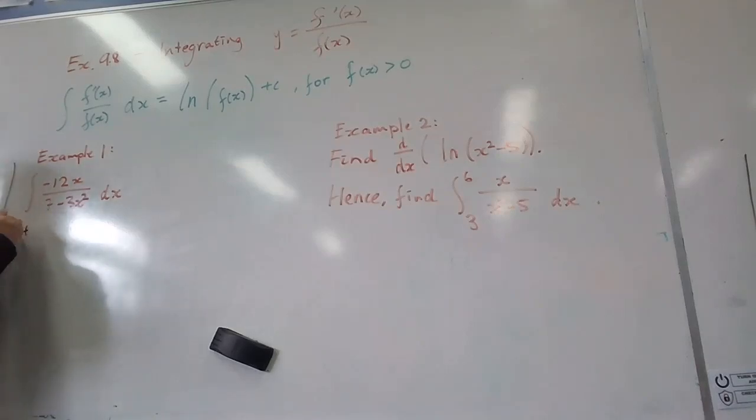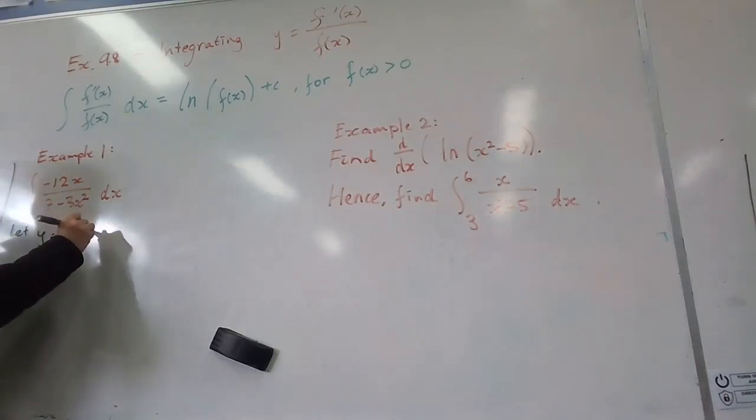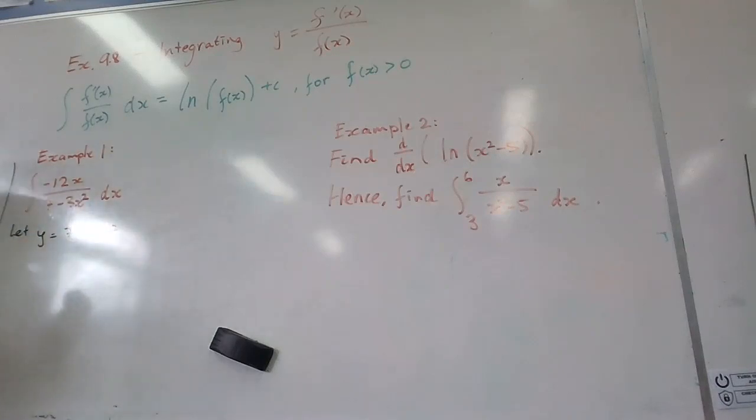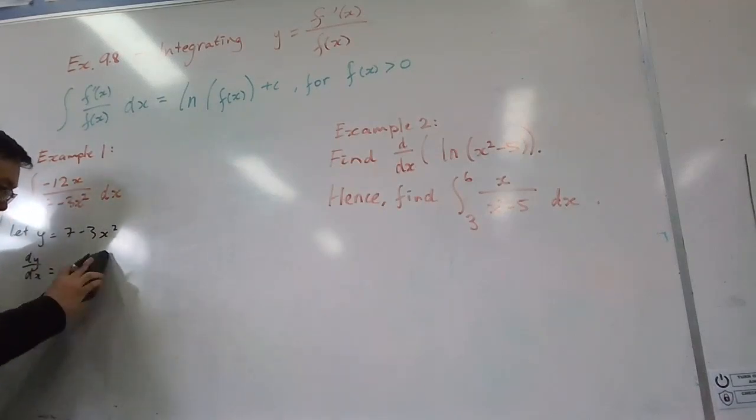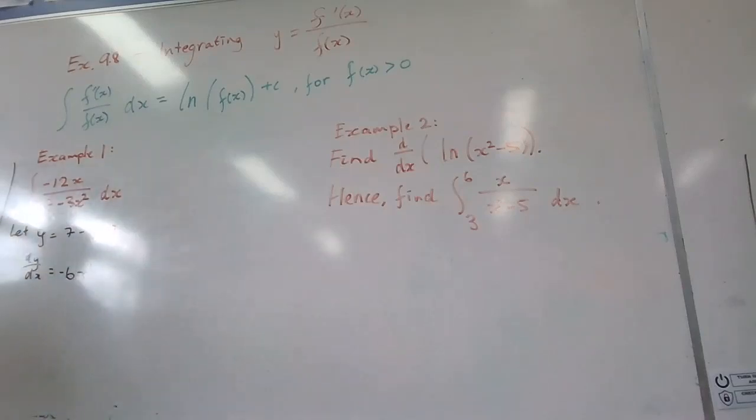I'm going to say let y equal 7 minus 3x squared. Can you read that up the back? I know it's quite small. I'm just going to derive it. dy/dx equals negative 6x, without the square. Negative 6x.